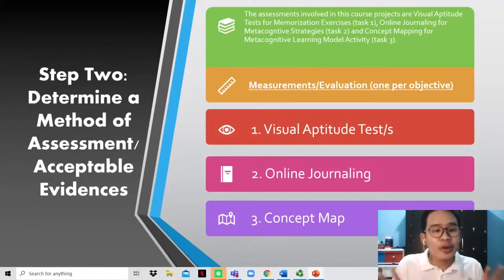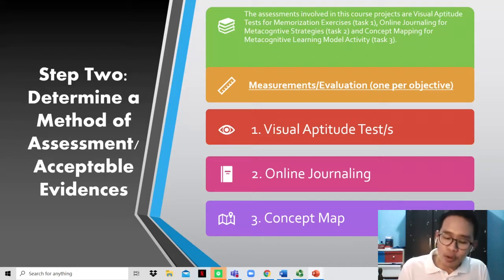Step two is to determine a method of assessment, or what are the acceptable evidences. This will measure, assess, and evaluate the person's ability to attain the educational goals and to exhibit the level of learning that is required in the course. The assessments involved in this course project are the following.